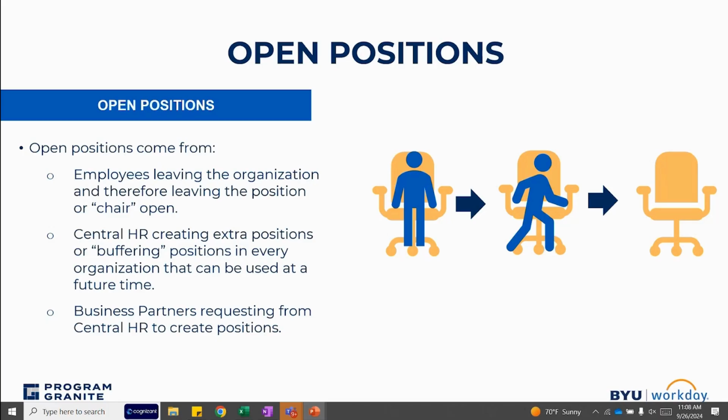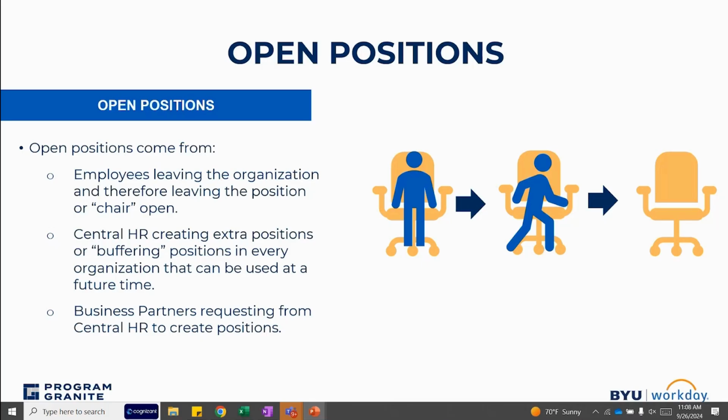To actually create a position in Workday, that's going to be done by our central hiring offices. So you all can create job requisitions, so put the position on the req, but the only folks that are actually creating or approving brand new positions is the hiring office. Now, what they've done for go live is create these extra positions.